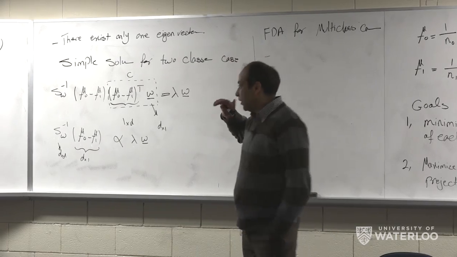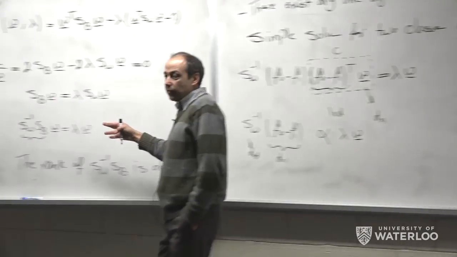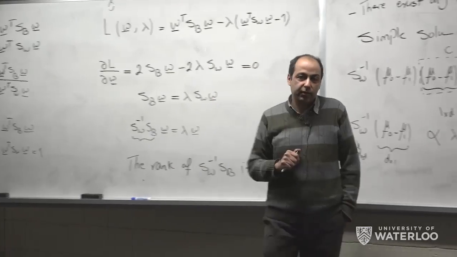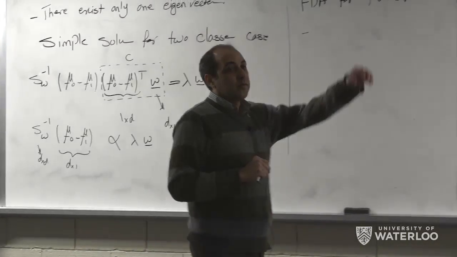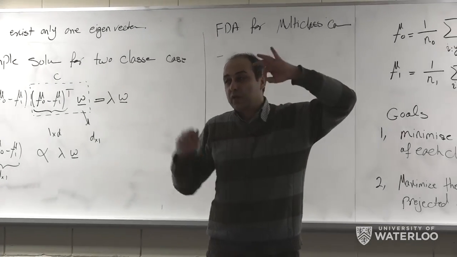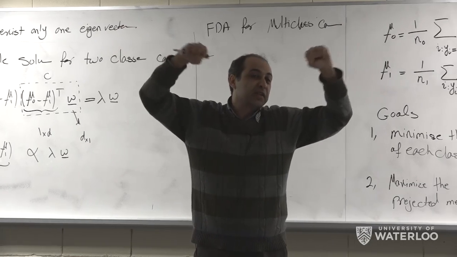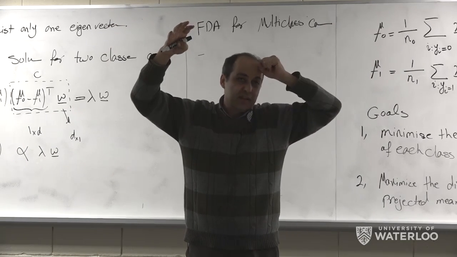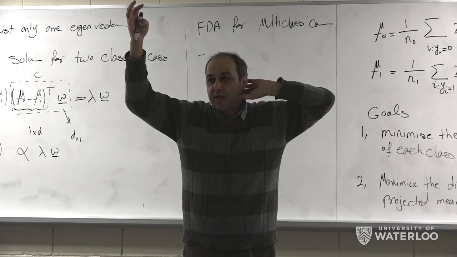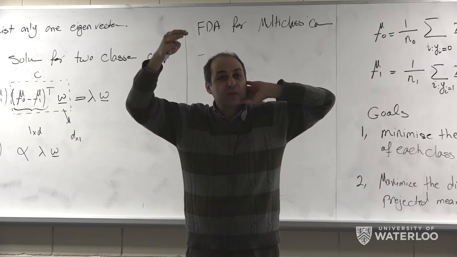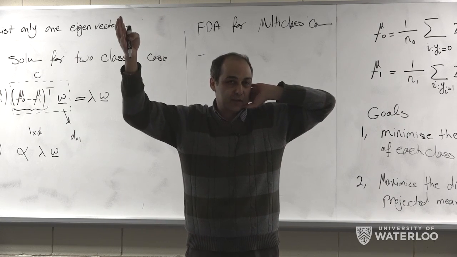I mean, the final matrix would be rank 1, and there's only one eigenvector. So if you have two classes, there is one direction. If there are three classes, there are only two directions. If there are k classes, there are only k minus 1 directions.